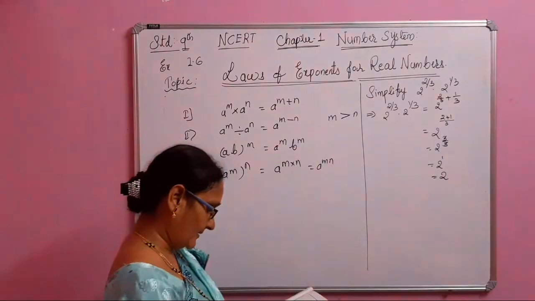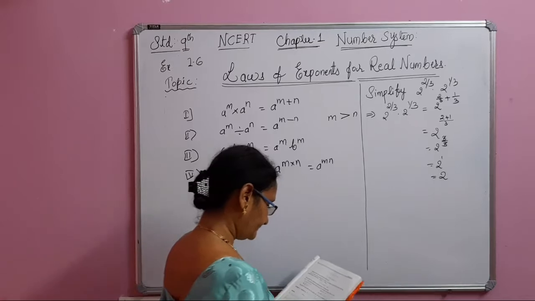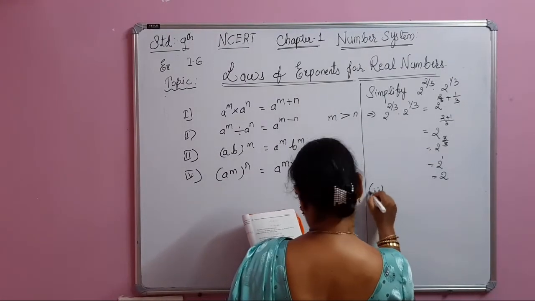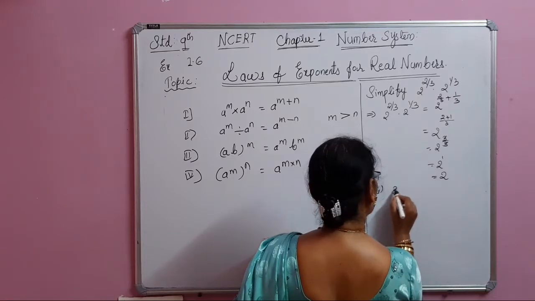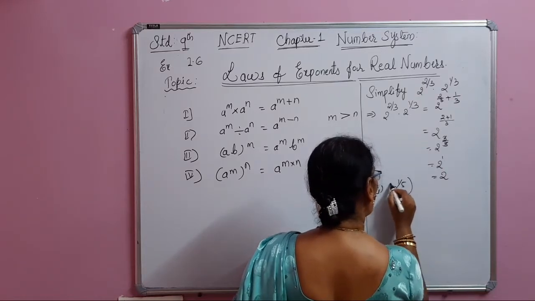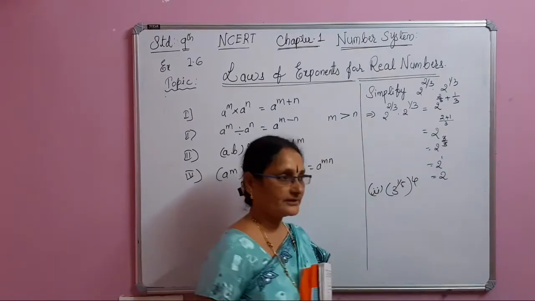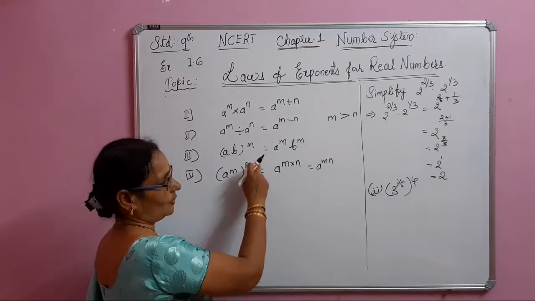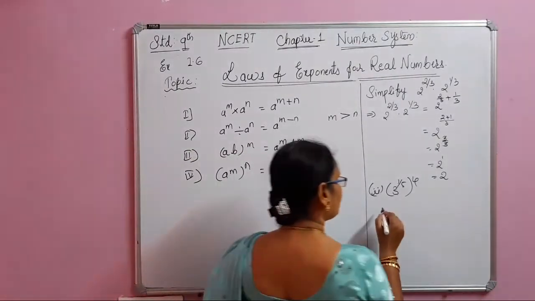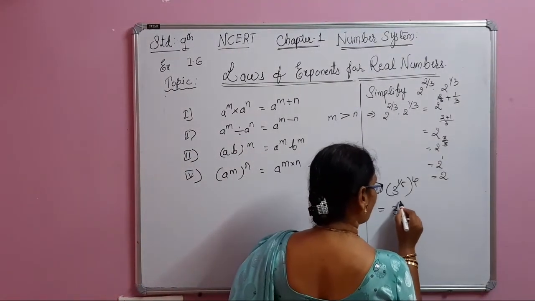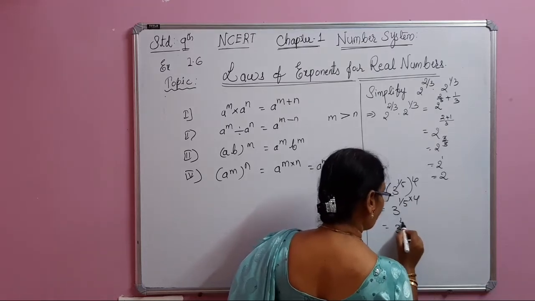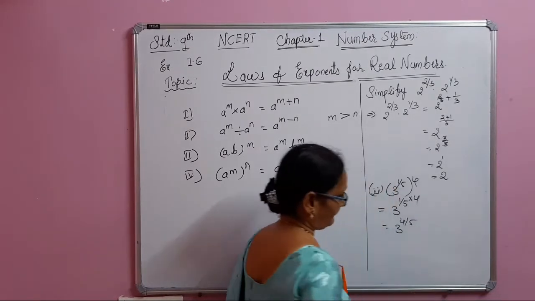Then one more problem I will take, the second one: 3 to the power 1 by 5 whole to the power 4. Here we can apply a to the power m whole to the power n. So this is 3 to the power 1 by 5 into 4, which is 3 to the power 4 by 5.